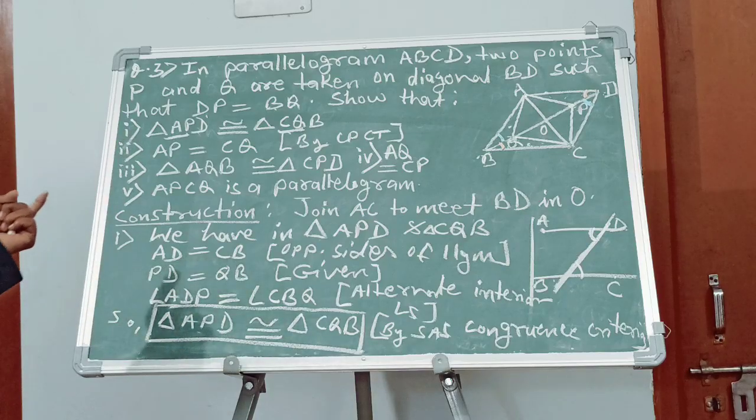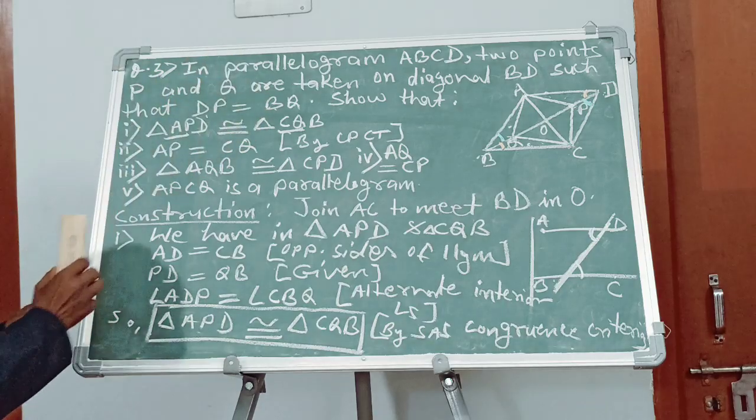Now let us try to prove the third one. Okay, so you can pause your video and then do it yourself. I am erasing it and then we are trying to do third, fourth and fifth one.